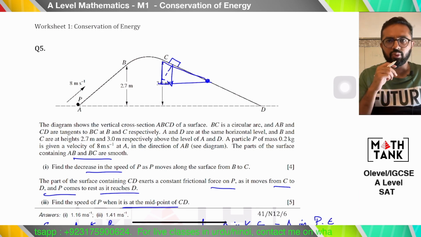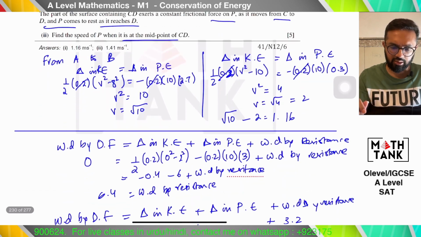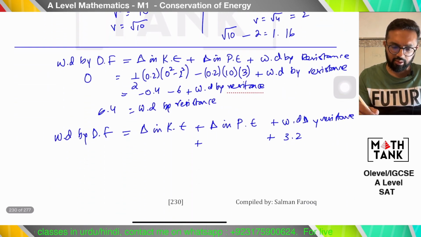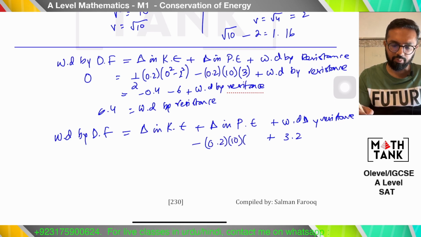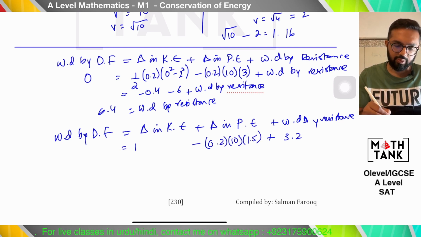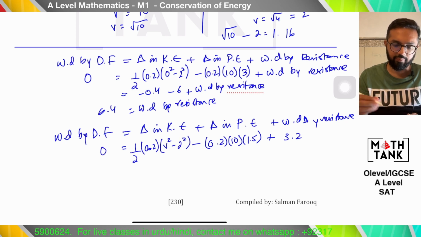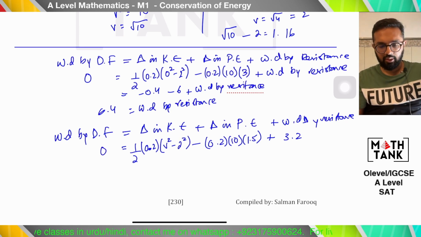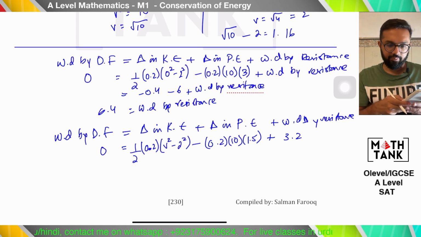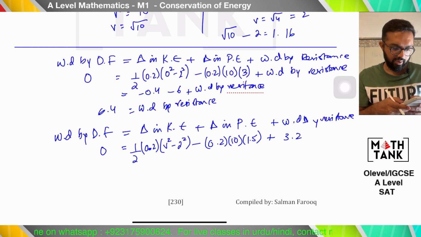They are in the same ratio because I have similar triangles. Minus 0.2, 10, and 1.5. I'm going to say half m v squared this time. I still started off with that, and I'm going to try to solve this equation. Let's see if I get the correct answer.